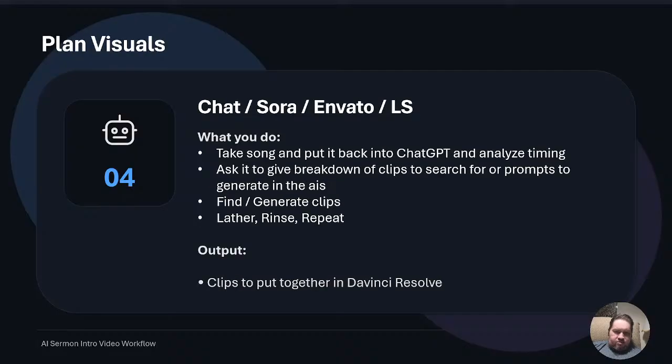After that, once you have the actual song, I will generally put it back into ChatGPT and have it analyze the timing, and then I'll ask it to give a breakdown of the clips we're going to search for, or the prompts we would use to generate the AI videos from Sora or from Envato Elements.